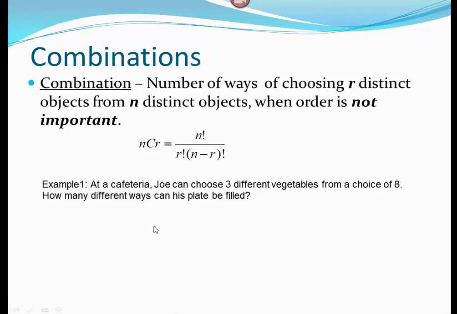So again, this is a way for us to count the number of ways that we could get 3 unique vegetables on a plate. Notice that once those vegetables go onto that plate, there's no real order to them.